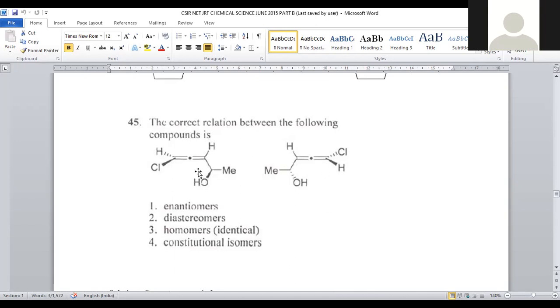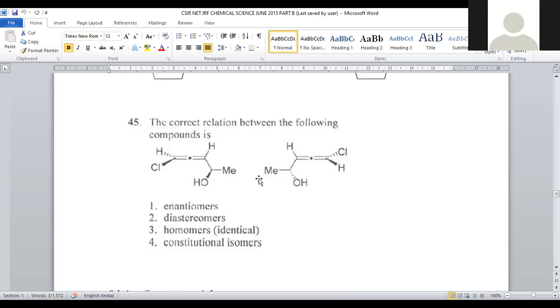Now we have to predict what is the relation between these two compounds. Enantiomers, diastereomers, homomers, constitutional isomers. What kind of relation is there? For that purpose, we can simply take compound 1 and subject it to 180 degree rotation, right?